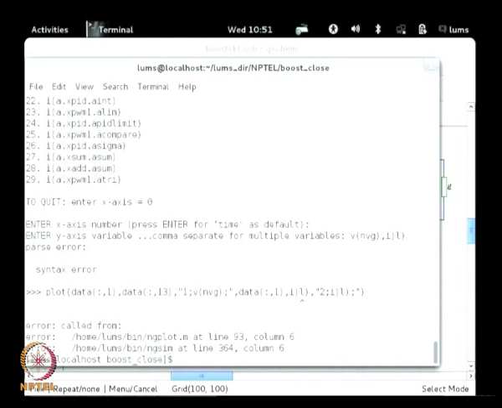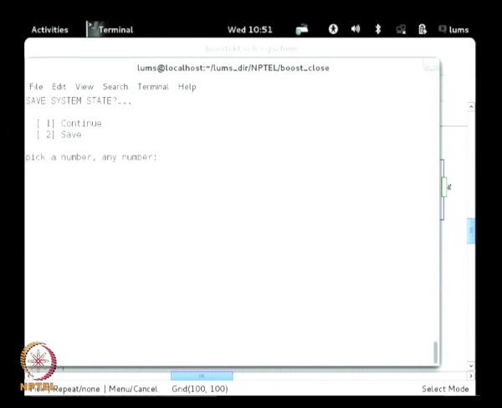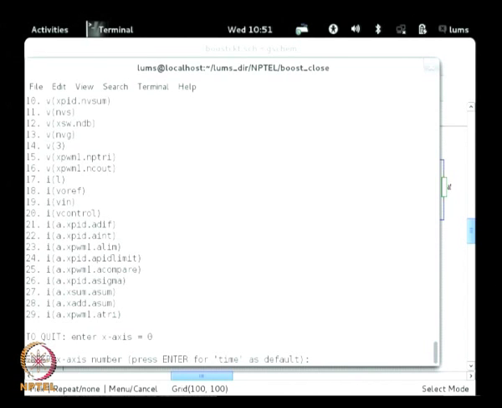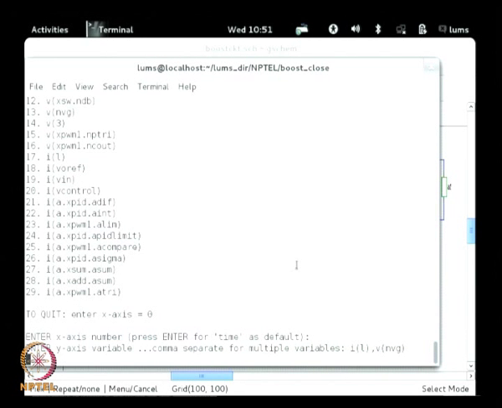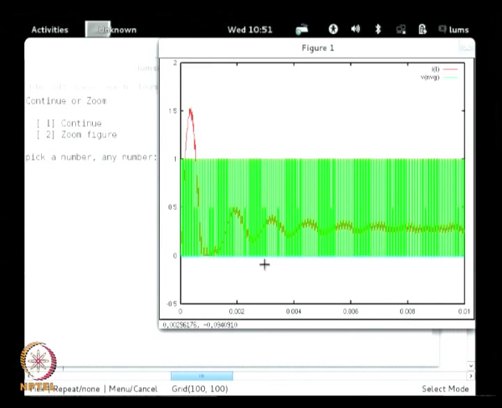The inductor current waveform, okay, you see these two superposed. Let us zoom in so that we could. So, let me zoom near the steady state portions.